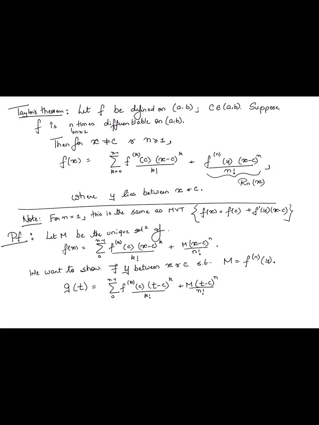Right, this as a function of t, the first term here is again the n minus 1th order Taylor expansion. The second term is in fact the correction term that we are hypothesizing. We have written it in terms of a generic constant M times (t minus c) raised to n by n factorial, right, minus f of t.